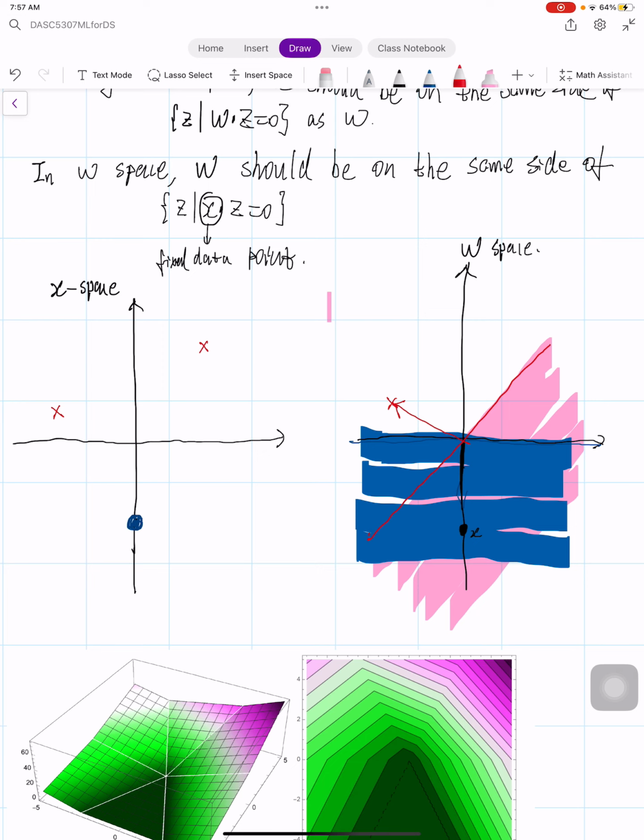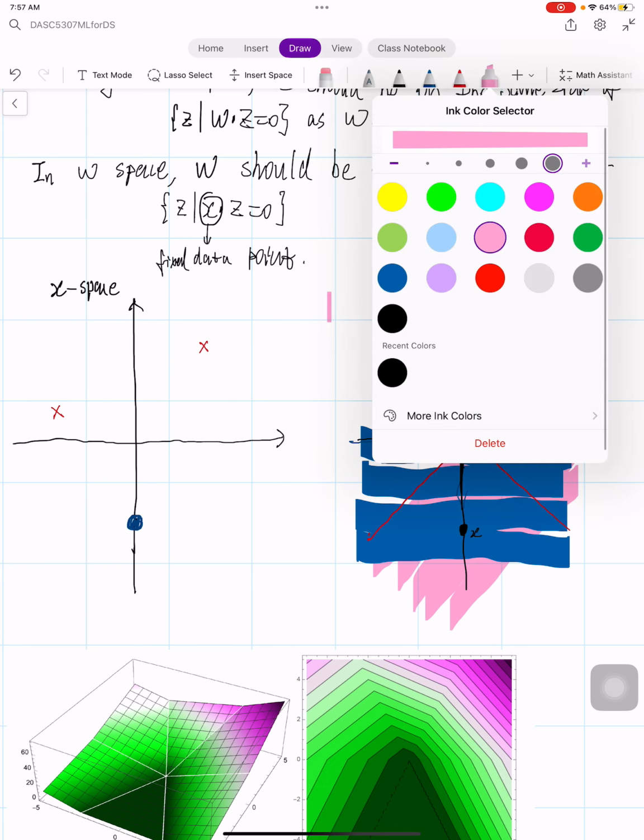Similar case for this point. We have another point x here, which corresponds to a normal vector in the omega space, and we are looking for the decision boundary which is perpendicular to this one and across the origin, and we need to label it on the other side.